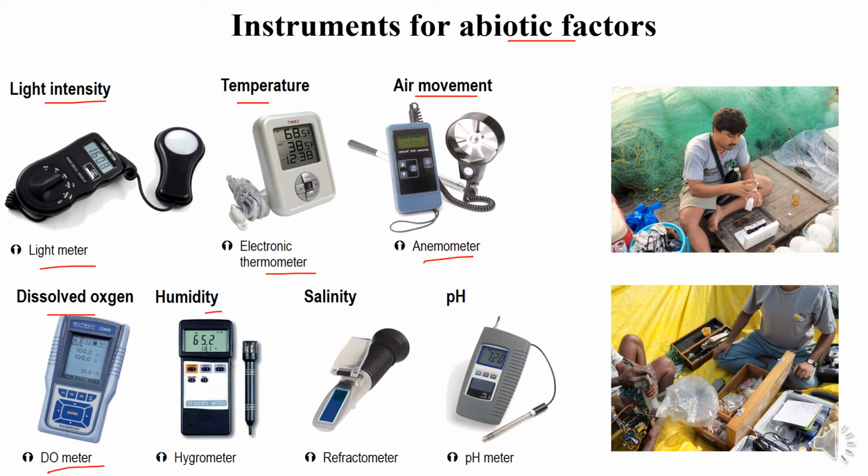Then humidity, hygrometer; salinity is easily measured by the refractometer; and pH is a very important parameter, measured with a pH meter. There are other techniques too, like the current meter, and you can measure all the nutrients. So these are lots of abiotic factors that also need to be measured along with the biotic factors.